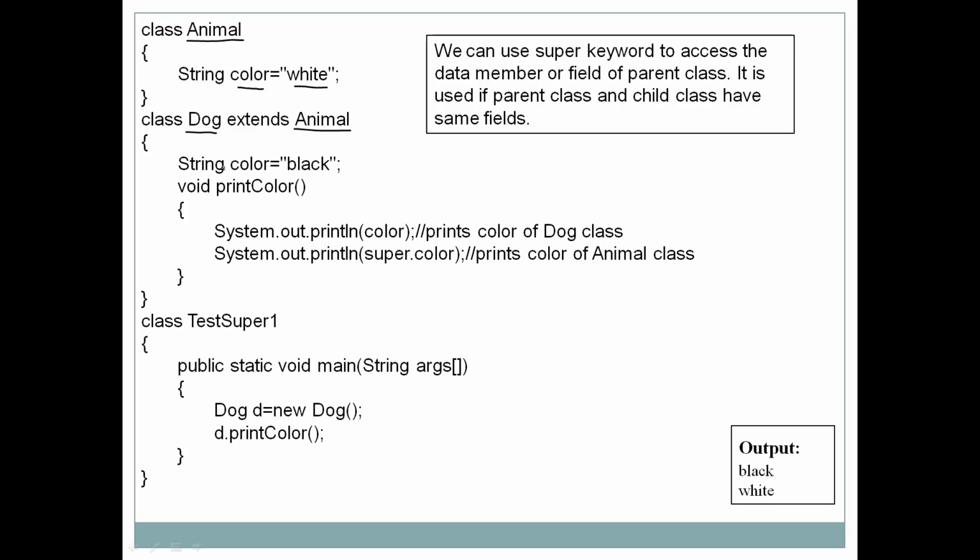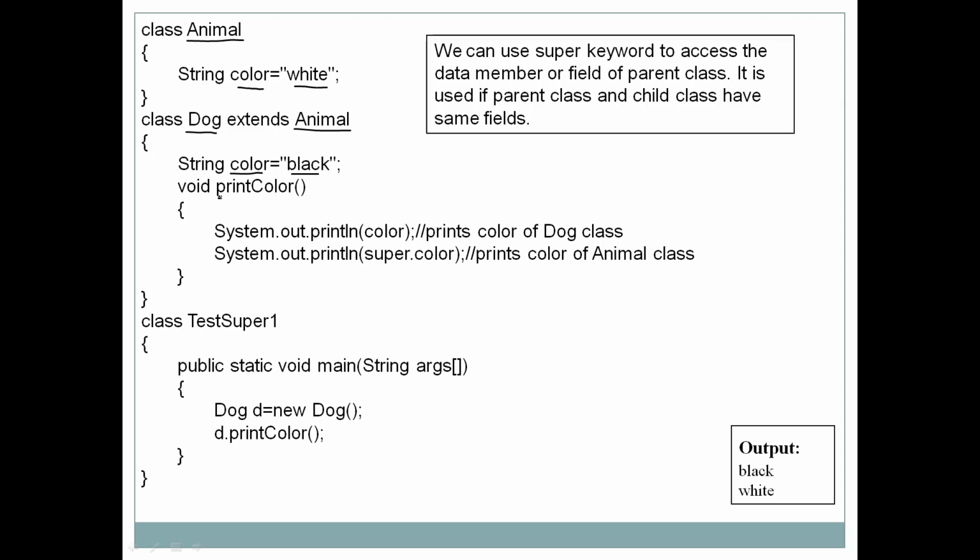Class Dog also contains a variable color. See, there are two color variables now, one which belongs to class Animal and one which belongs to Dog class, and this color variable has the value black. So this color variable belongs to the superclass Animal and this color belongs to the child class Dog.